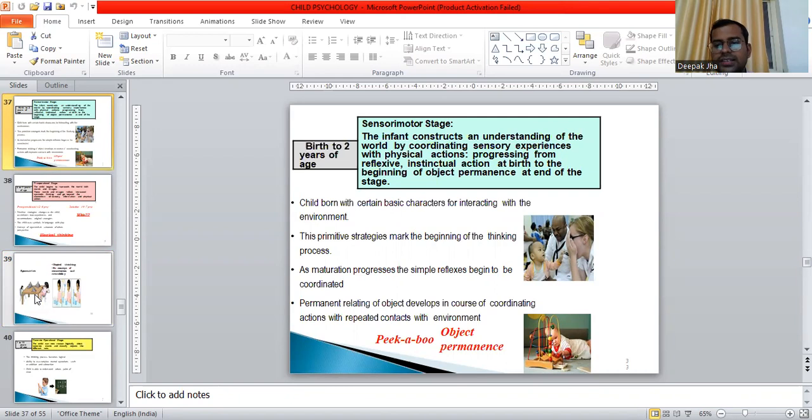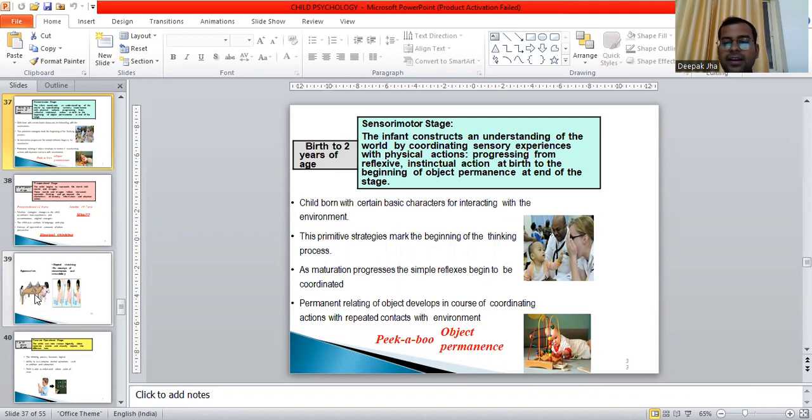So there are 2 to 3 things which you need to remember. Firstly, sensory motor. So the child will experience the world via his sensory experiences and via physical experiences. And at this stage, the age is from birth to 2 years. The child at birth has got some reflex actions.